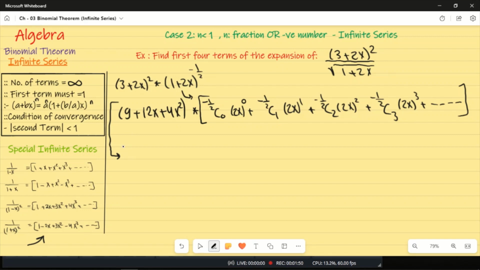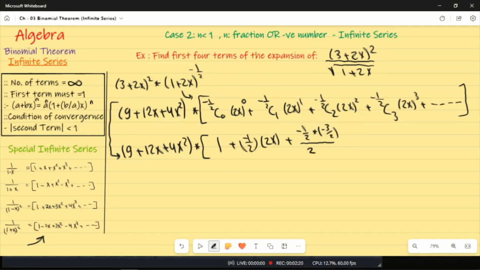Okay, so write this: 9 plus 12x plus 4x squared, into 1 plus negative half into 2x, plus negative half into negative 3 by 2 by factorial of 2 into 2x squared, plus negative half into negative 3 by 2 into negative 5 by 2 by factorial of 3 into 2x power 3, plus continuation.